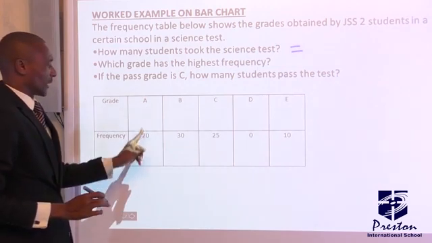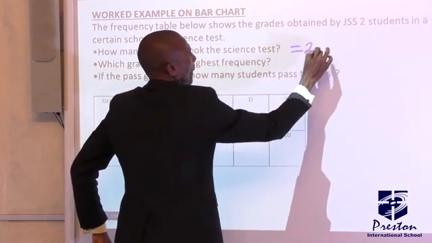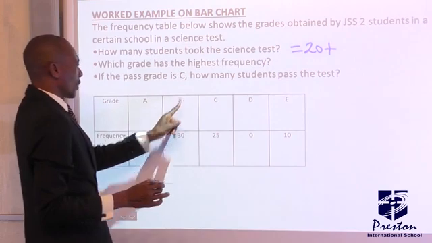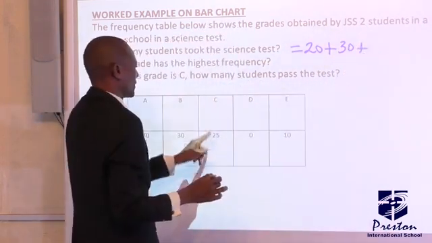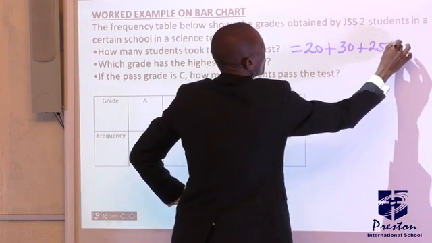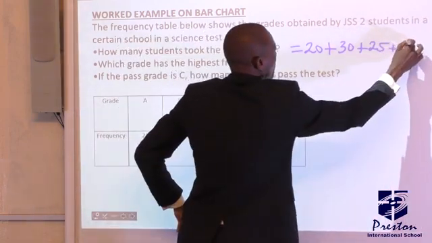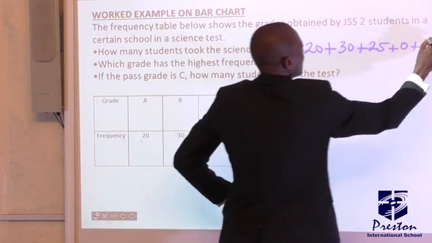To get the total number of students, just watch. How many students got A? 20 of them. Plus, how many students got grade B? 30. How many got grade C? 25. How many got D? 0. How many got E? 10.